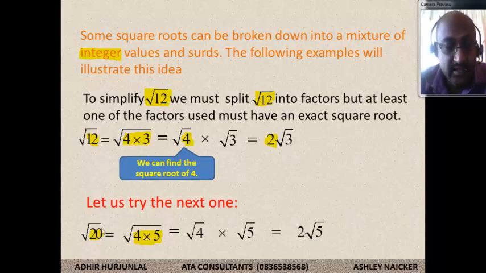Ultimately, I can say the square root of 20 is the same as 2 root 5. Now, in a full-blown example, it is not necessary that you show each and every step. You can go from root 20 to root 4 times root 5 directly to the answer. That will suffice. I am just showing you every single step so you can understand how to deal with surds.